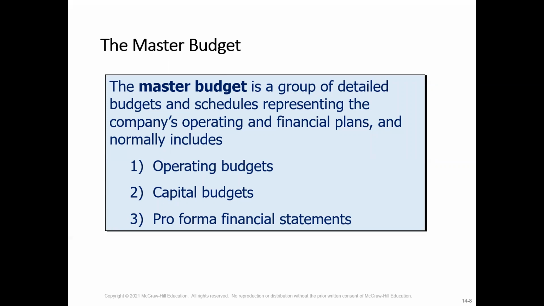There is no set format, which is kind of the nice thing with a budget. There's no adherence to generally accepted accounting principles. So there's nothing that says exactly how a master budget should look. And this is where you get into more of managerial accounting, because managerial accounting really does not have the constraints on appearance of statements as does financial.